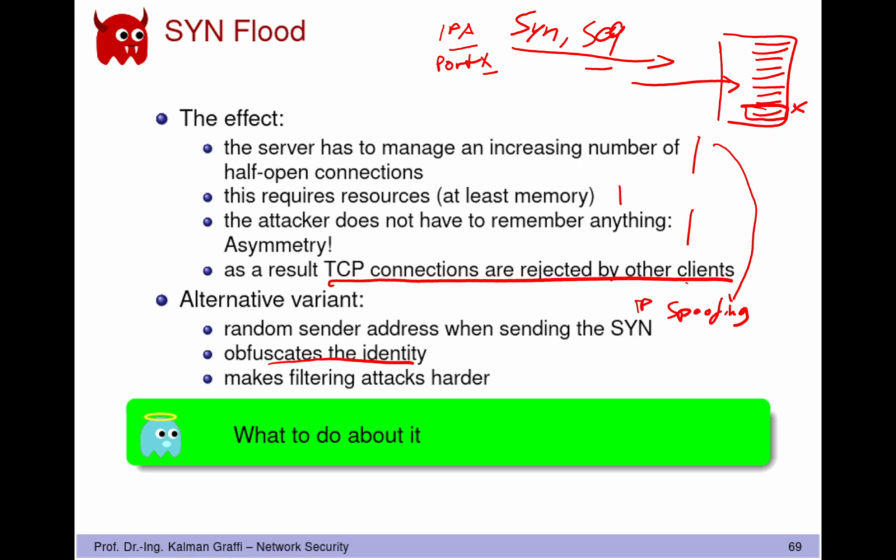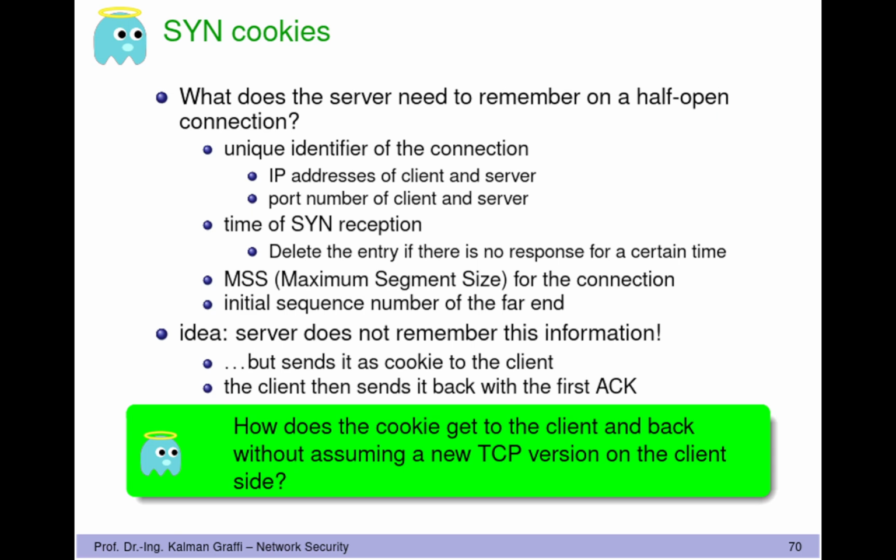And what can you do? You shift the burden of remembering this to the sender. So you do not remember it. What you want to do is to receive from IP address A and port X this SYN and sequence number, and you want to respond also by SYN and your sequence number.